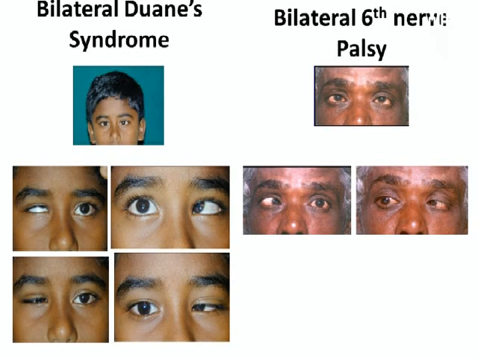It's a case of bilateral Duane syndrome. This patient has got bilateral sixth nerve palsy. Here abduction is restricted and here also abduction is restricted. So how will you differentiate? The two key points are widening of the palpebral fissure on abduction and narrowing of the palpebral fissure on adduction, which will not be present in the case of sixth nerve palsy.